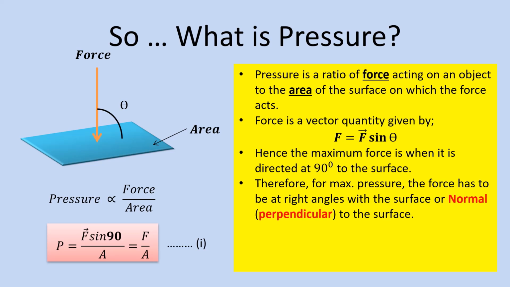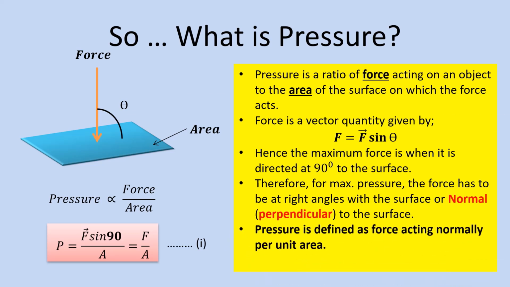So we can conclude that pressure is equal to the force acting at 90 degrees, or normally, per unit area. So that is the concrete definition of pressure: the force acting normally per unit area.